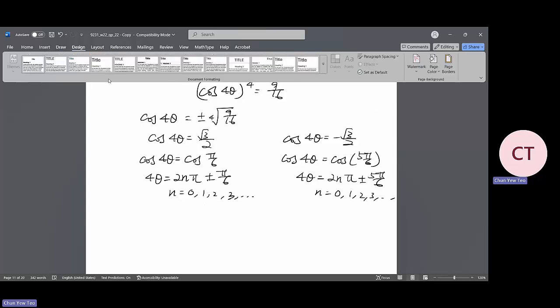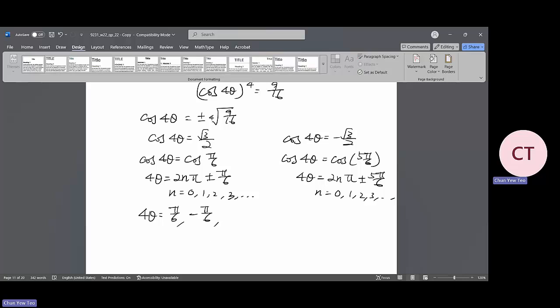So if you replace n with 0, you can see that your 4 theta will be pi over 6, and negative pi over 6.